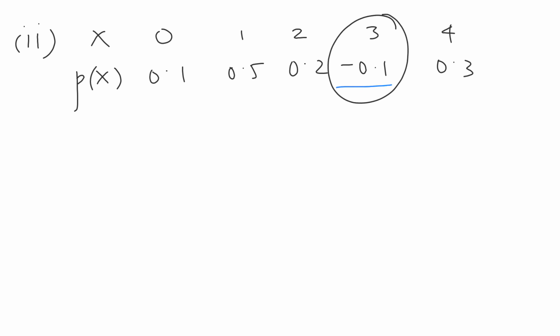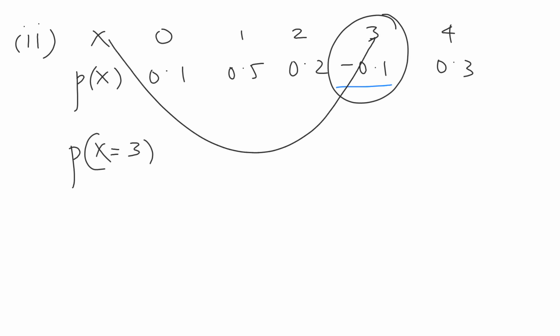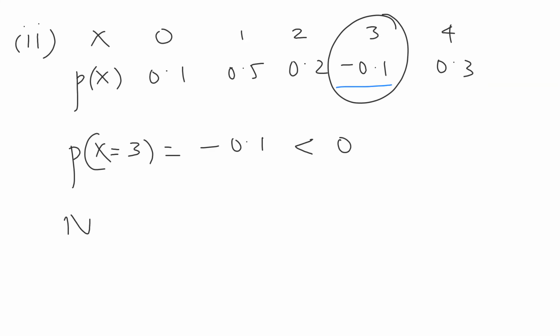So P of x equal to 3, the value of this probability is equal to minus 0.1, which is less than 0. So the first criteria is not getting satisfied. Therefore, not a probability distribution. We don't have to check the second criteria because both criteria should be true.